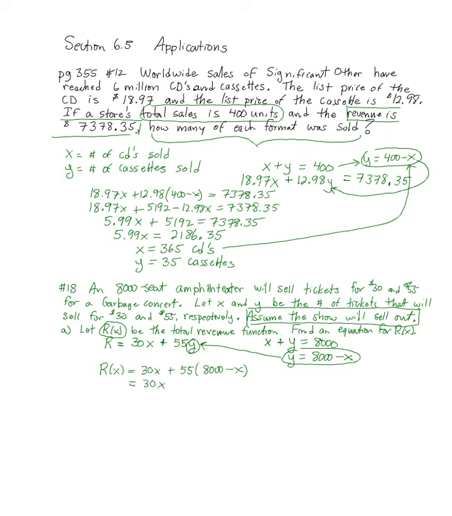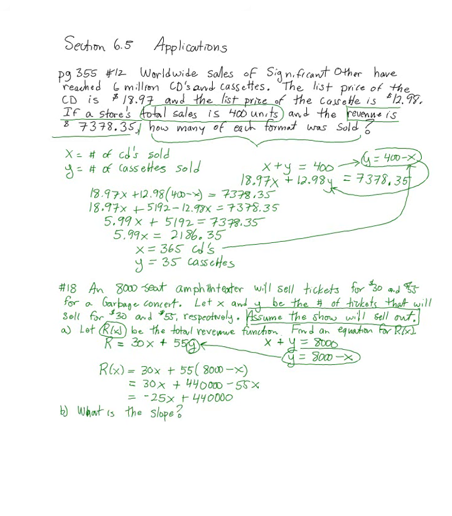That's 30X plus 55 times 8,000 is 440,000 minus 55X. 30X minus 55X is minus 25X. So here's my final answer for my R of X formula. R of X is minus 25X plus 440,000.